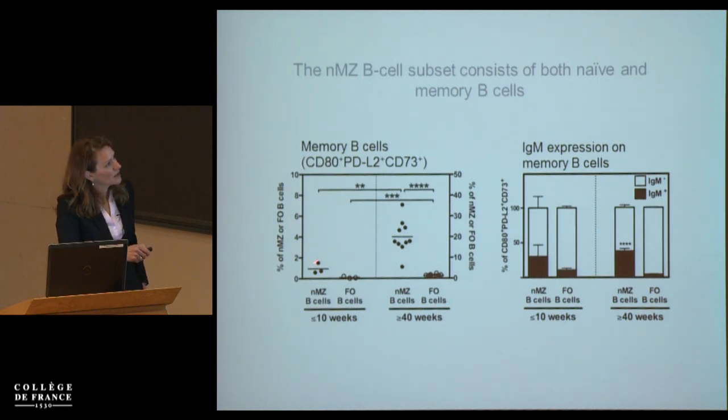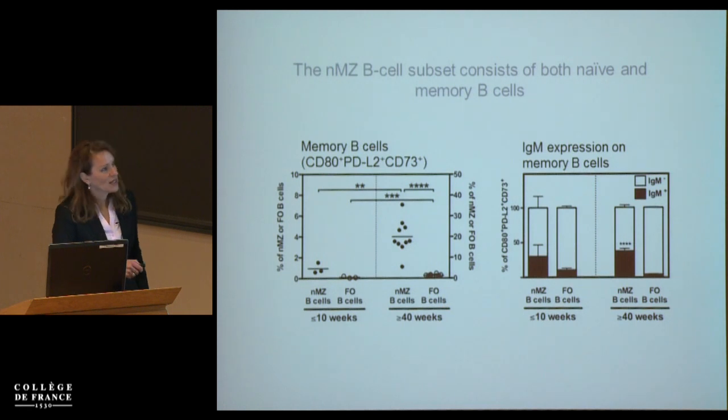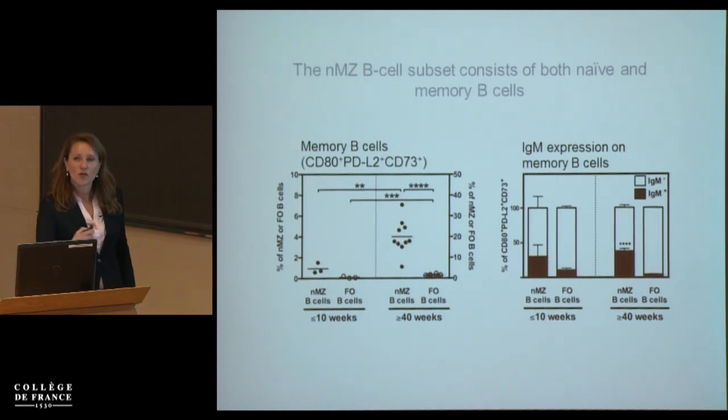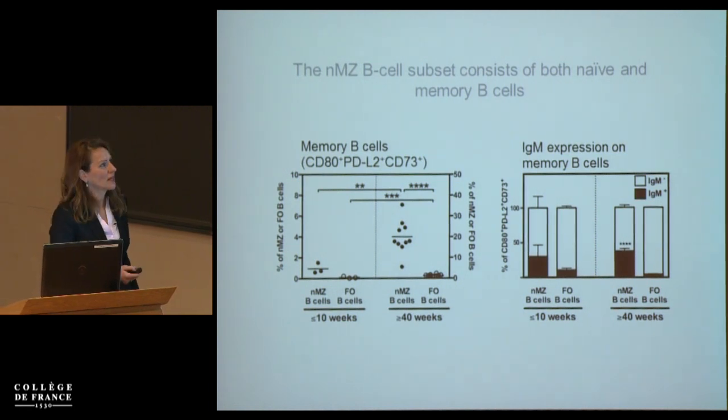And you see that the nodal marginal zone B cells have higher numbers of memory B cells compared to the follicular B cells. So they contain some memory cells, and if you look at the memory cells, how many still are presenting IgM, and are not switched memory cells? Because you could reckon that they would be switched, since memory cells have seen an antigen.